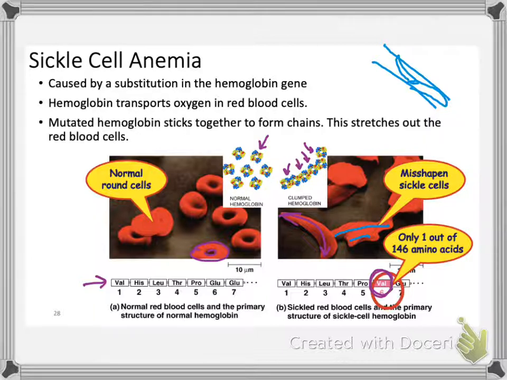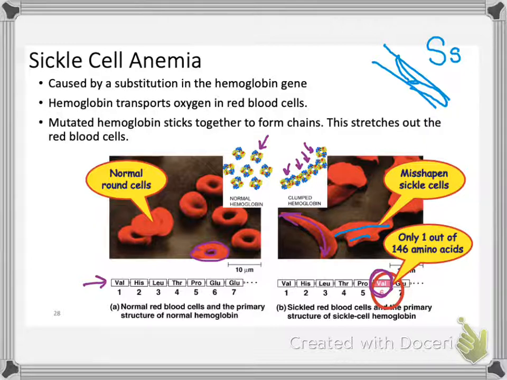Now, sickle cell anemia tends to be found in populations that live closer to the equator, because although the actual sickle cell anemia is negative, being heterozygous for sickle cell anemia, so, for example, being big S, little s, is an example of codominance.